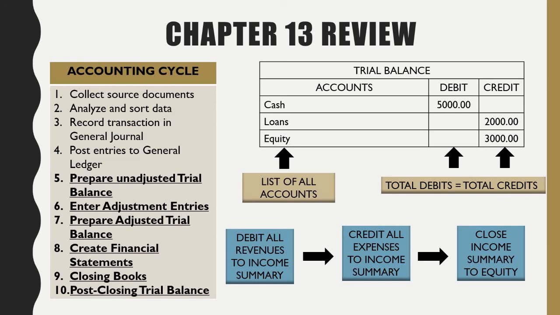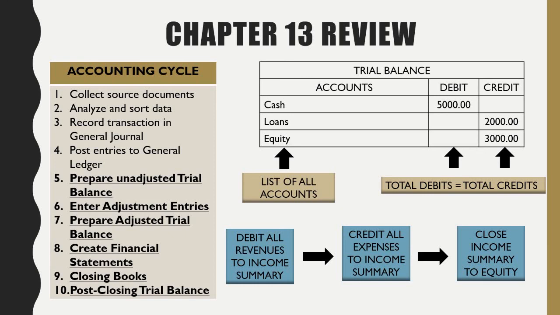Once again, here's a little review. When we look at trial balances, our main idea is to determine whether our total debits match our total credits. When we reach our closing process, we are debiting our revenues and crediting our expenses into income summary, and then taking our income summary, and depending on whether it's a debit or credit, that determines whether you increase or decrease your equity.